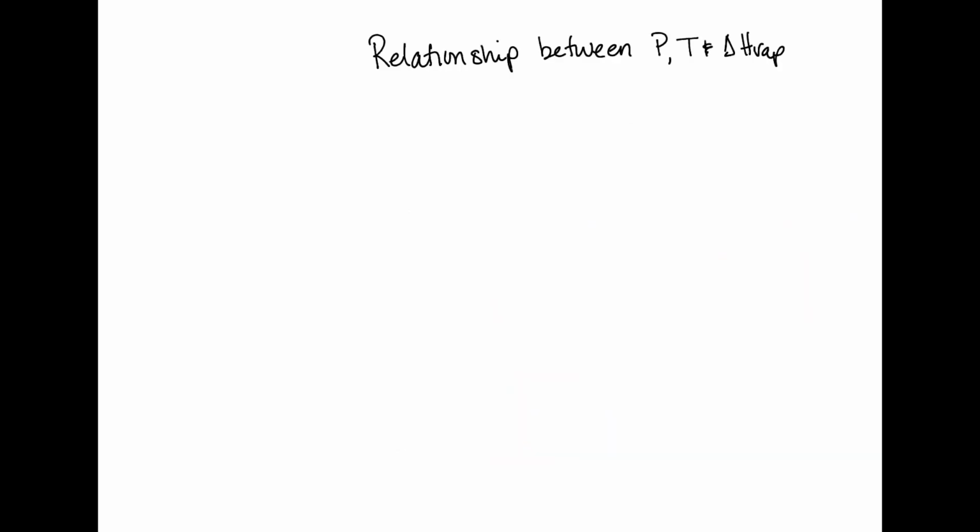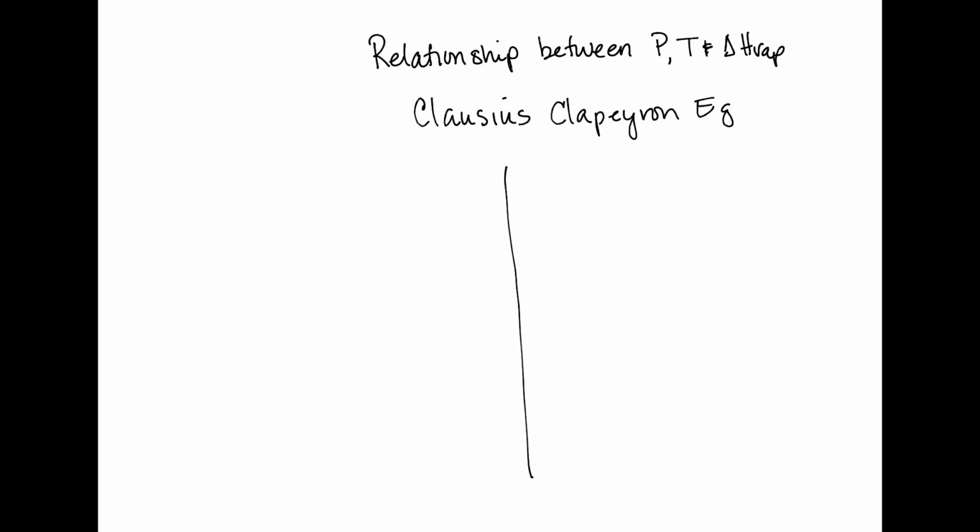The relationship between pressure, temperature, and delta H of vaporization can be seen in this equation that we call the Clausius-Clapeyron equation. And there's actually two forms of this equation, so I'm going to talk about both of them really quick. If you measure just two pressures and two temperatures, we have one form of the equation that looks like this.